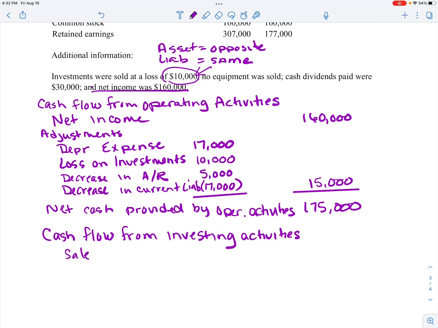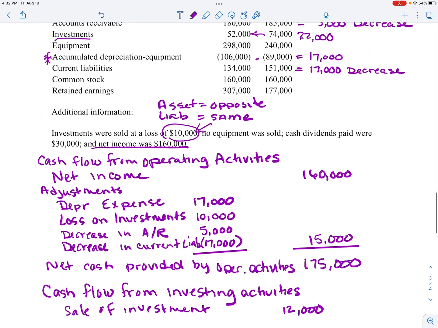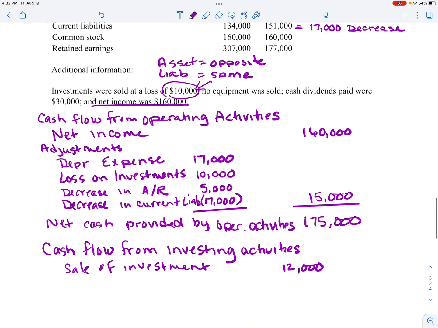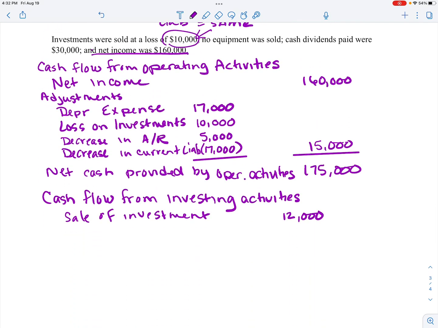So we'll say sale of investment, and that was $12,000. And then if we come up here, find some more investing activities, we can look at our equipment, see that that increased by $58,000. So we must have purchased some equipment. We'll list that out here.